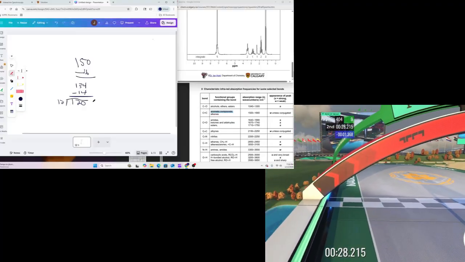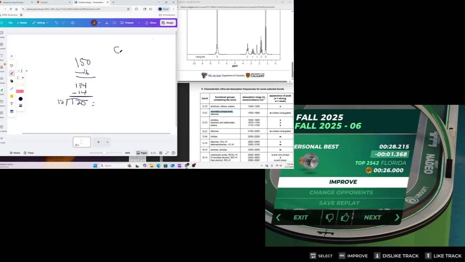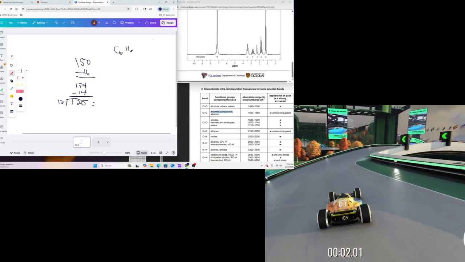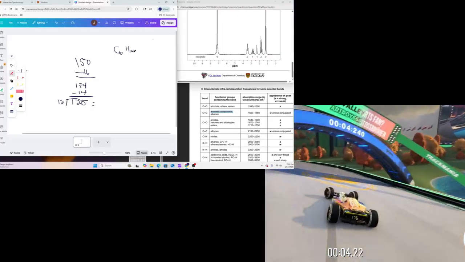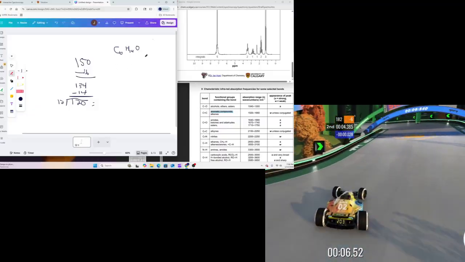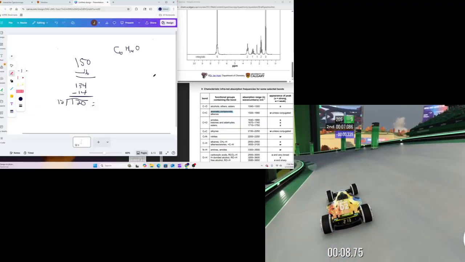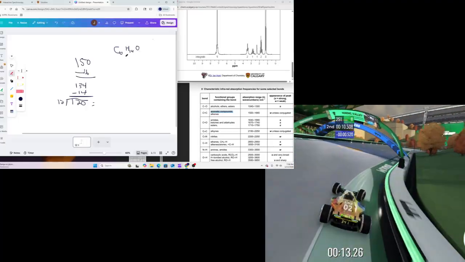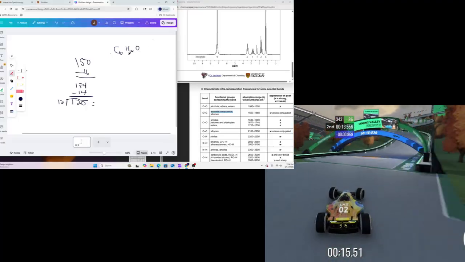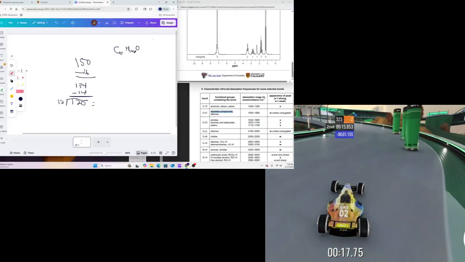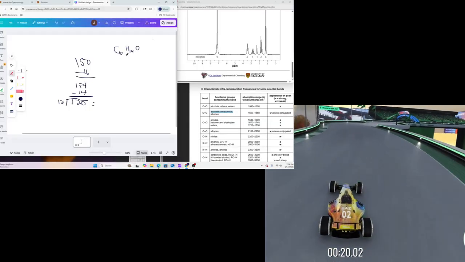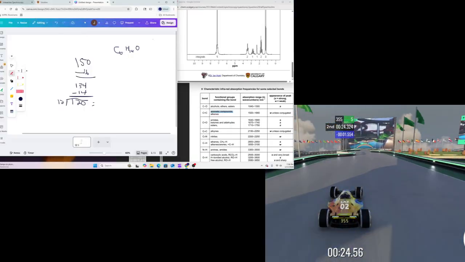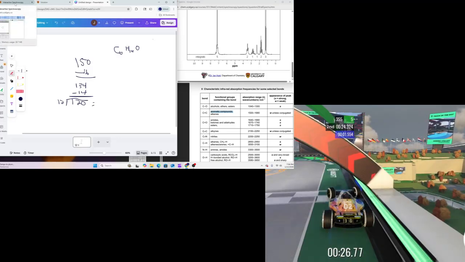I'm going to divide that by 12, and I'm going to have a total of C10, H14, O. Which means that that's the total that I'm going to be working with. I'm going to notice that this is pretty low here, and without doing any actual conscious thinking, because this is nowhere near as high as double of this is what I would see, I'm going to feel pretty confident in my carbon ring theory as we go forward here.